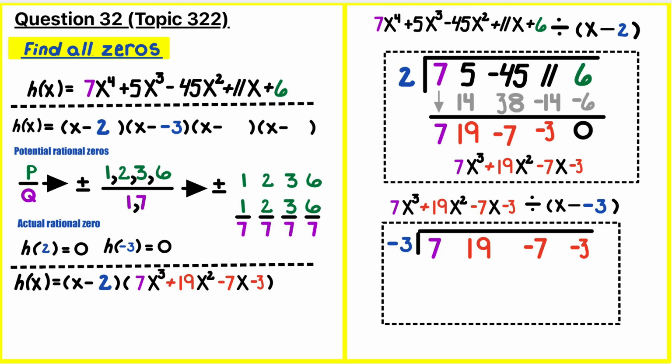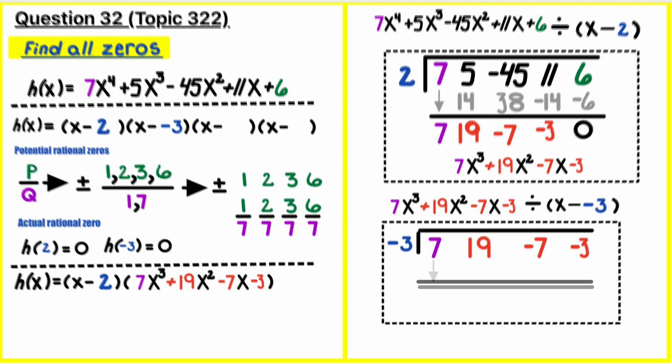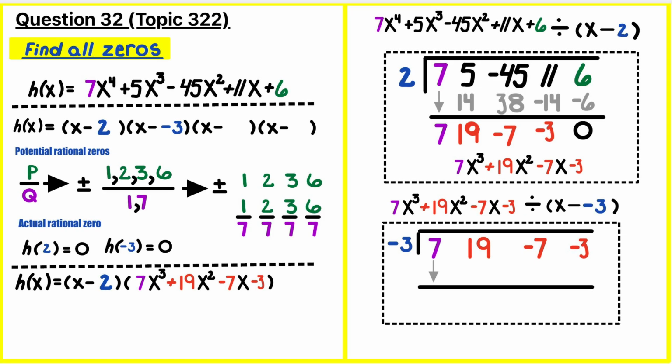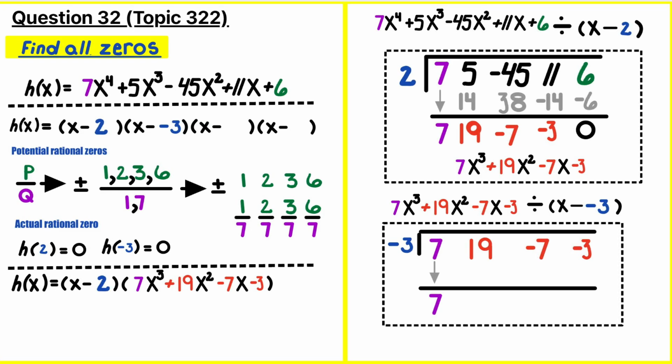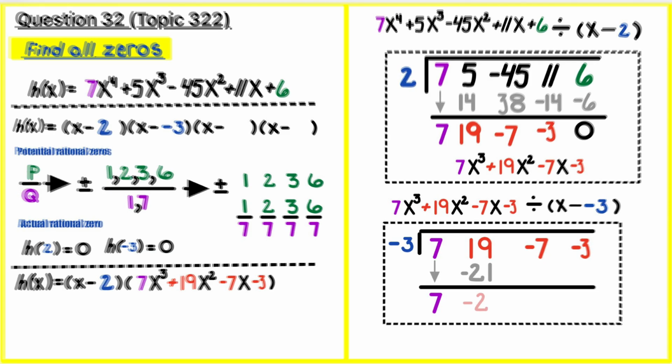Setting up the synthetic division. Draw a line. Drop it down. So bring down the 7. -3 times 7 is -21. Add 19 and -21, and we get -3.